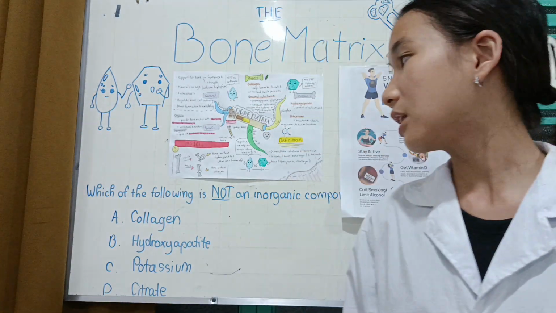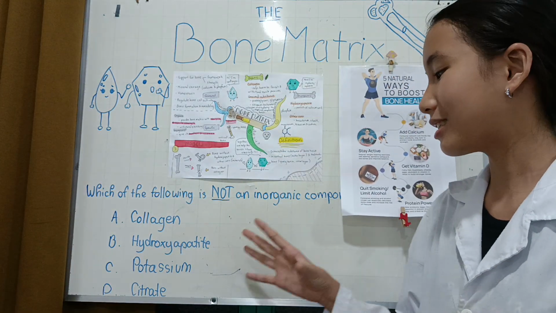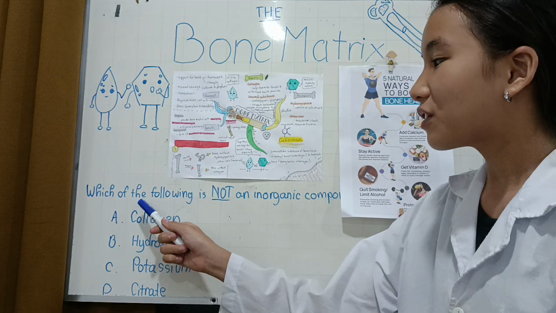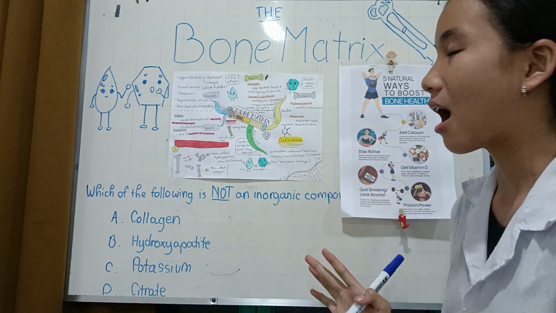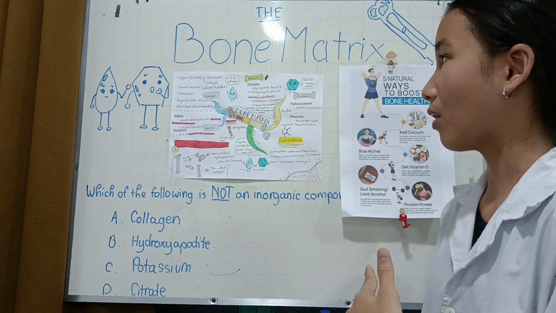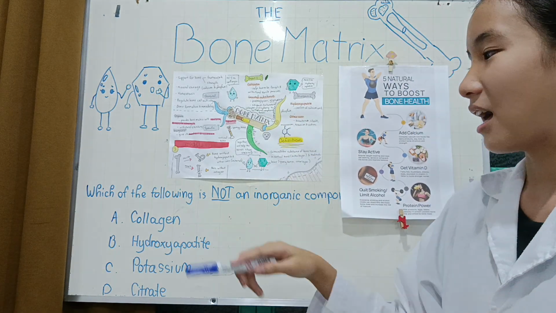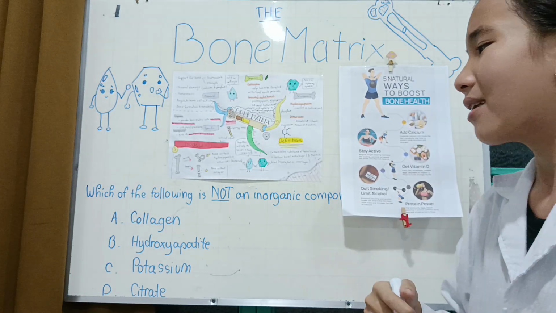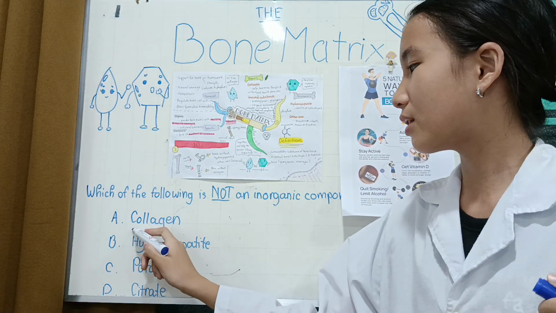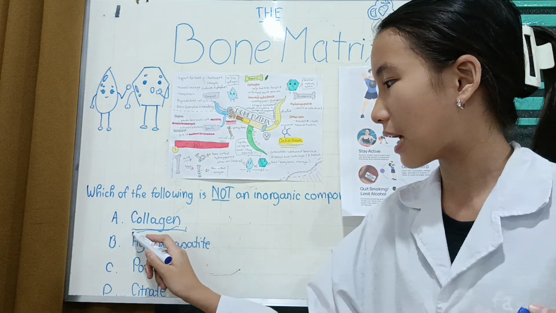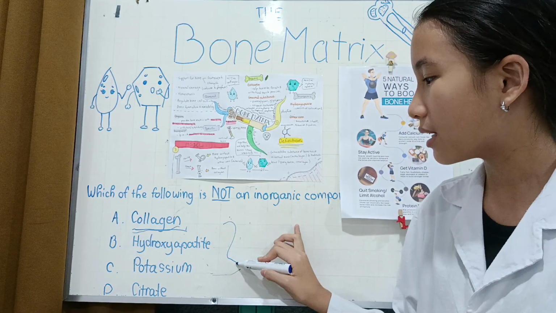So lastly, to conclude this video, I have this quiz here. Which of the following is not an organic compound? Now, if you recall, I've talked about the inorganic and the organic compounds, and you can see that the collagen is not an inorganic compound, and it's different from these three.